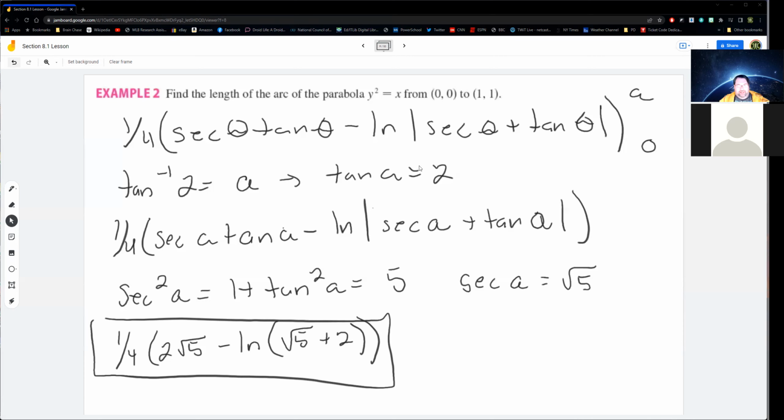So you still would have ended up doing something like this to figure out what your secant was. Makes sense or no?